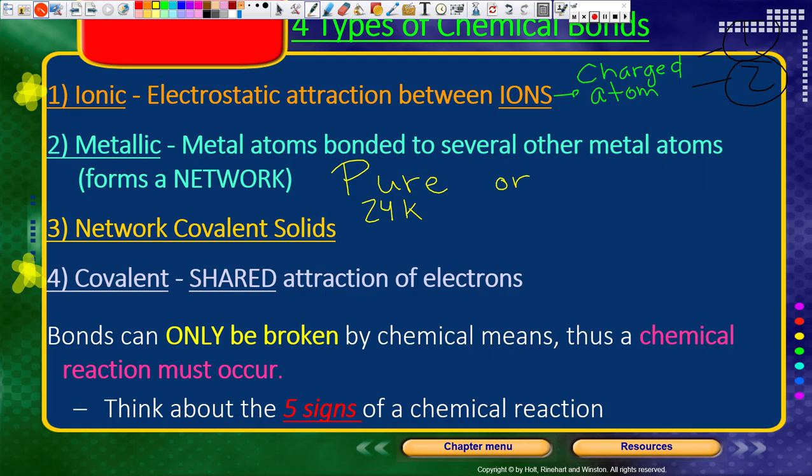Now, the other word here, it's either pure or... Does anyone know the scientific name for a mixture of metals? Say it again. Very good. It's an alloy. You may have heard that word before. Okay? It's an alloy. Steel is an example of alloy. If you pulled out a penny, is it an alloy? Yes, because is it pure copper?